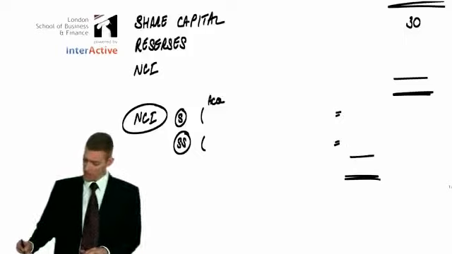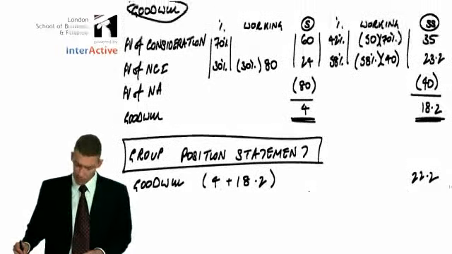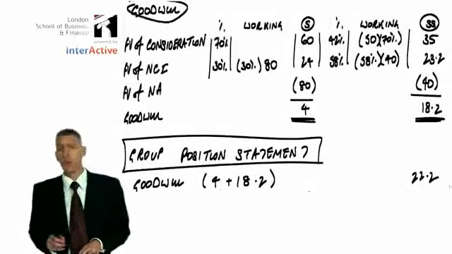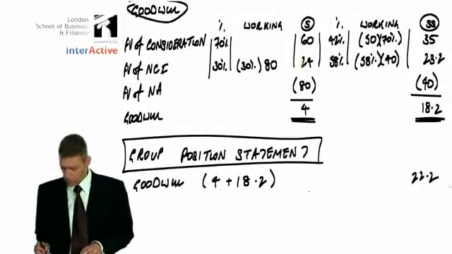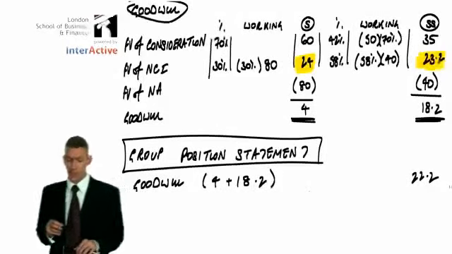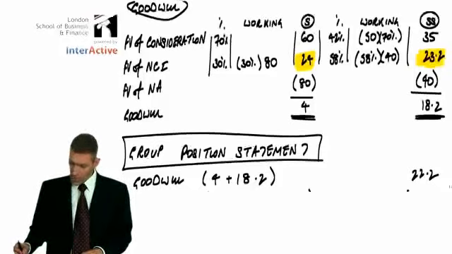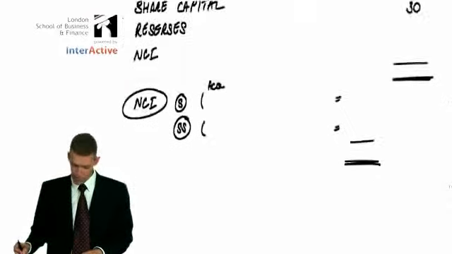Now, the NCI at acquisition is not given. We have to pick it up from our own workings because of the proportionate assumption. So there's the 24 and the 23.2, which were the NCI at acquisition. So we've got the NCI 24 and 23.2.